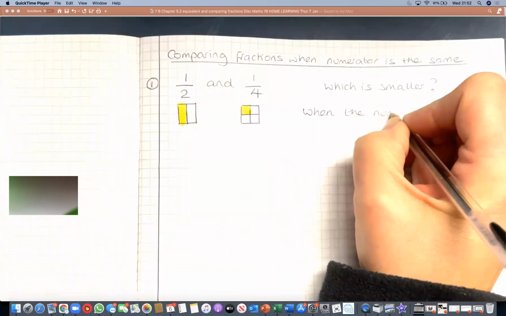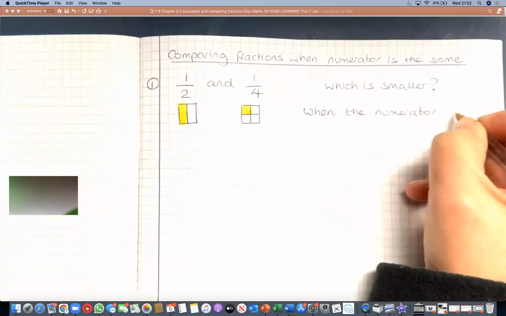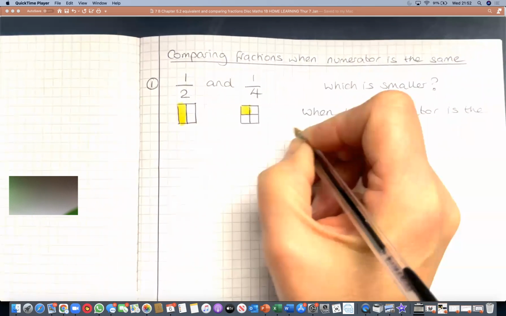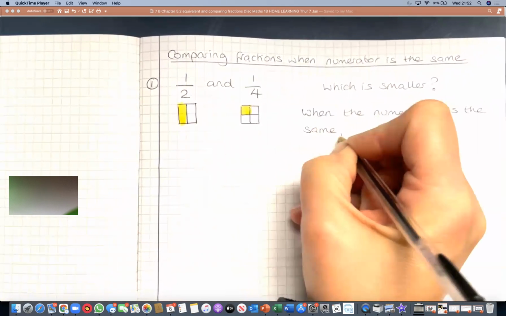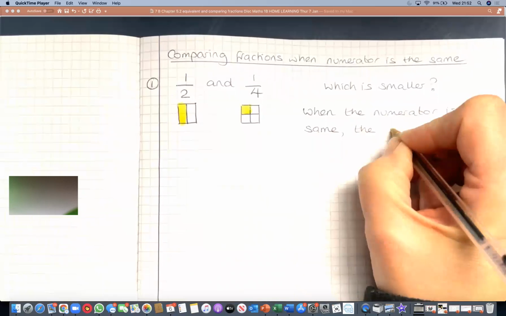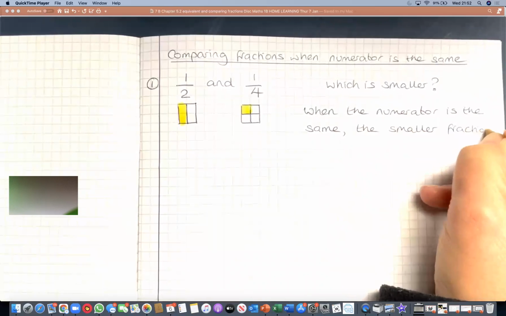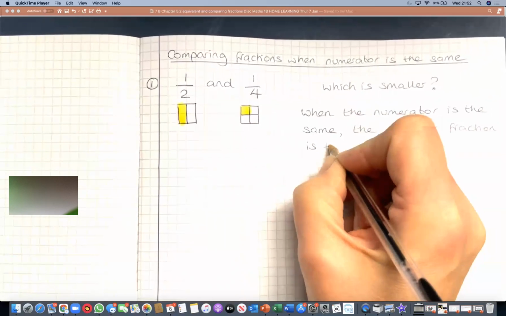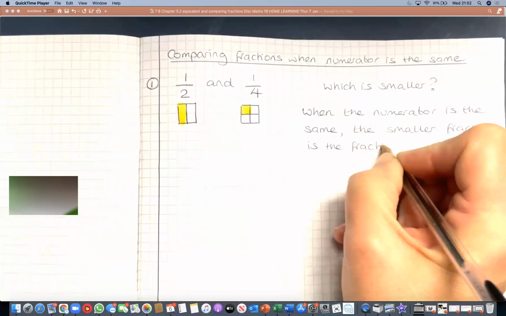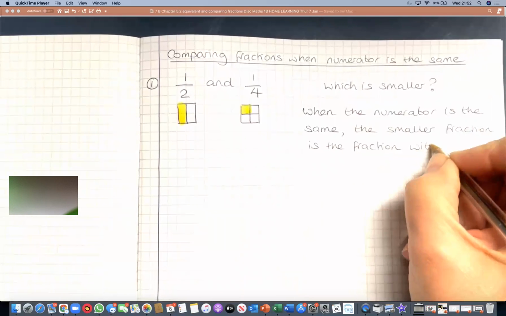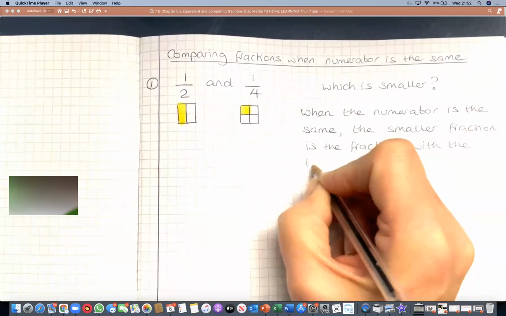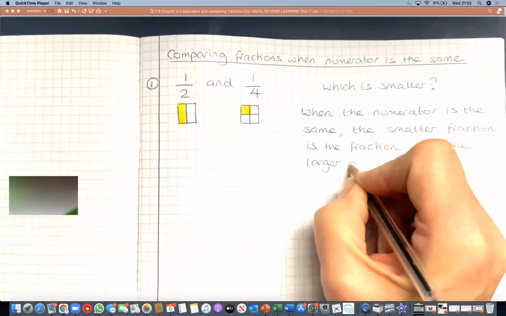When the numerator is the same, the smaller fraction is the fraction with the larger denominator.